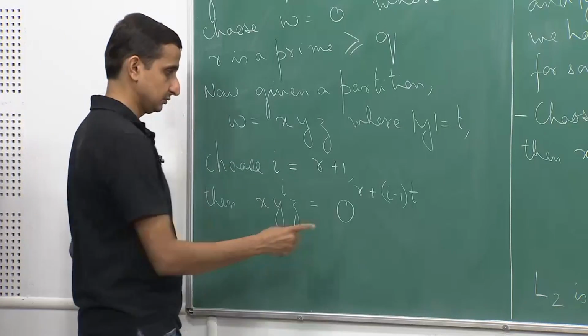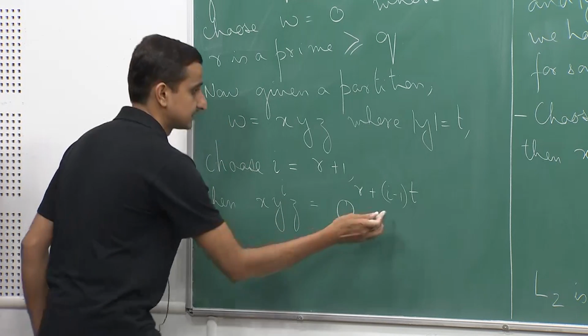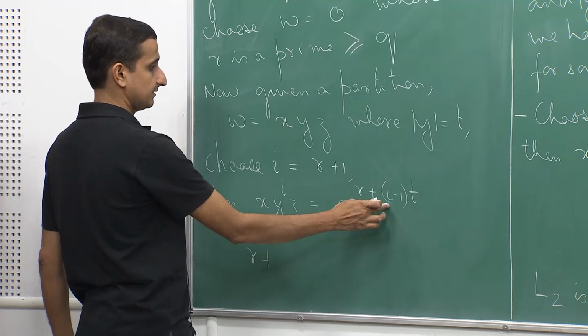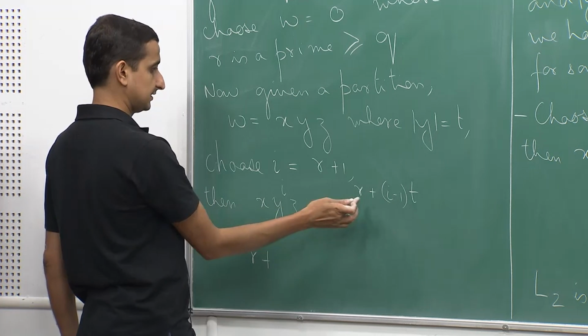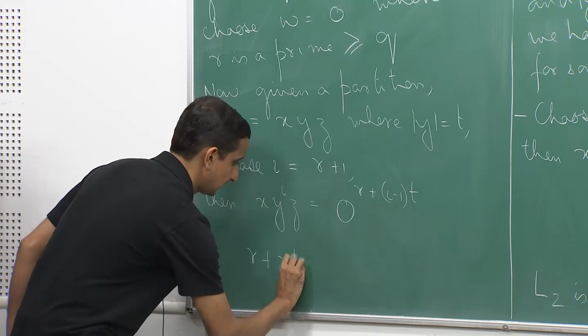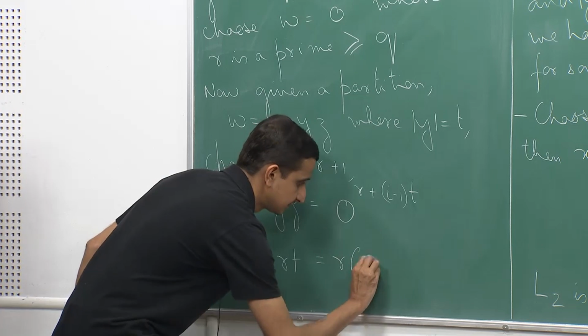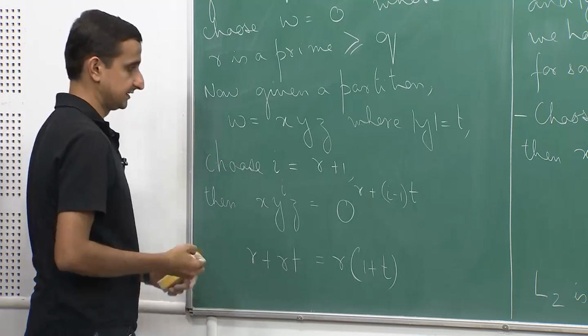What is this number? I minus 1 is nothing but r plus 1 minus 1, which is r. So, this is r plus r t, which is equal to r times (1 plus t).